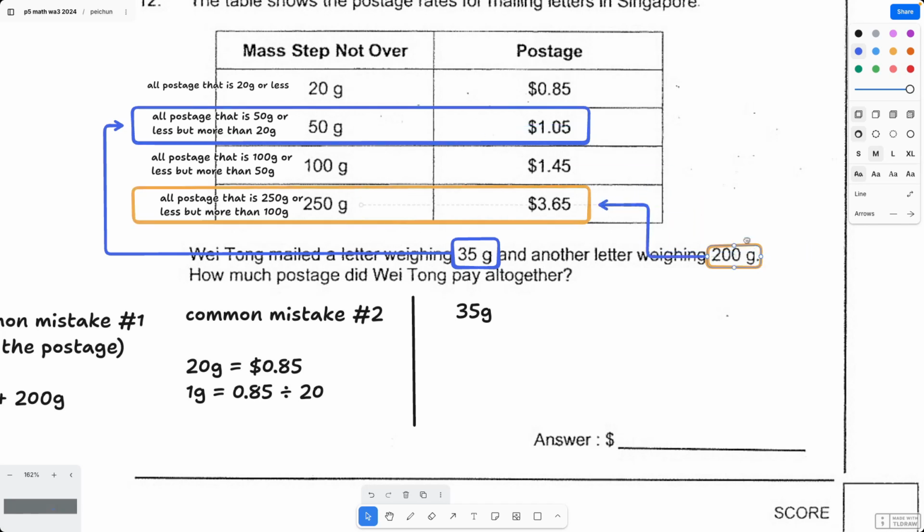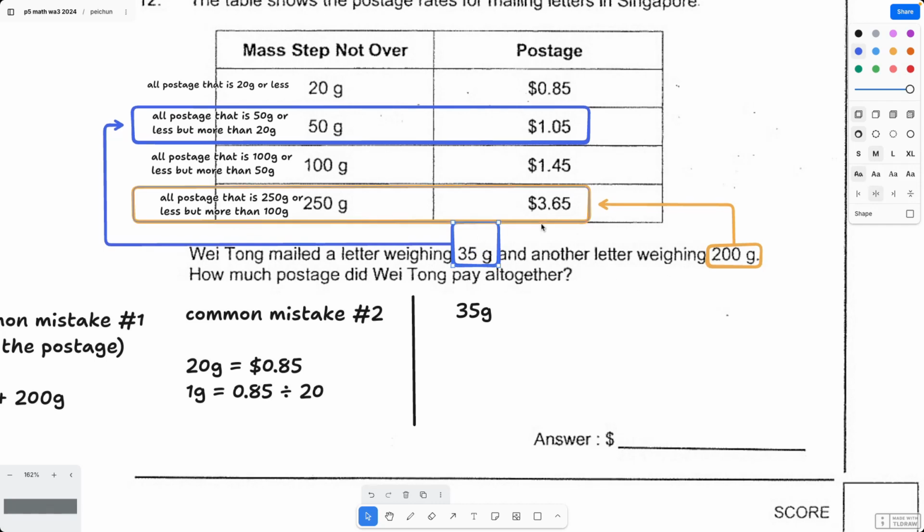Put this on top and then put yellow here. So in a way, this is how it should look. So this 35 grams is like this, and 200 grams is $3.65.